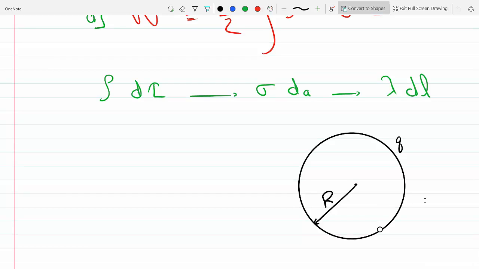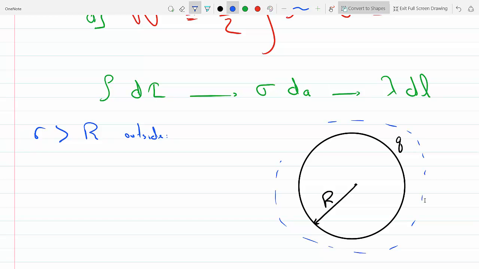Let's see. Gauss's law. So let's go for r greater than R, outside. I would consider a Gaussian surface with a radius r.